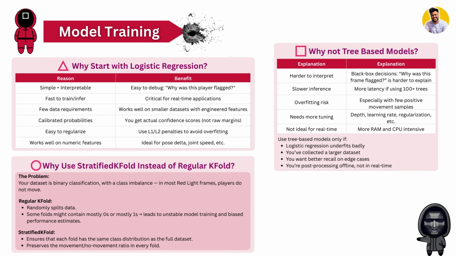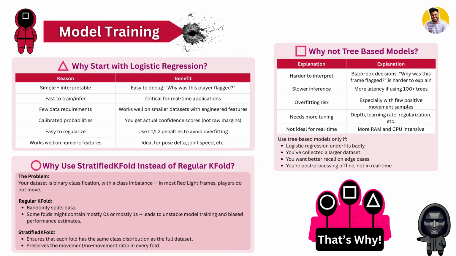But the stratified k-fold ensures that each fold has the same class distribution as the full dataset, and it preserves the movement and no movement ratio in every fold as well. So that's why I chose this over others, for a faster model that fulfills our non-functional requirements as well.